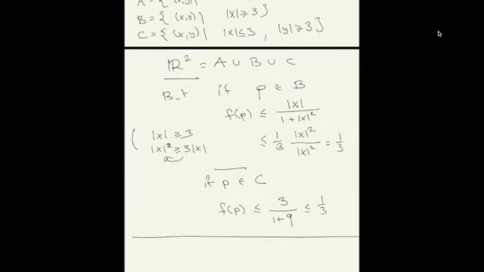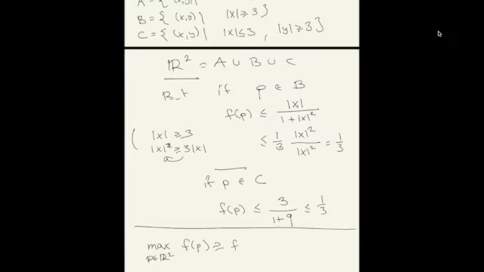So what we get is that in these two sets, B and C, the function is less than 1/3. But the maximum of f, or the supremum, one should write a supremum here, has to be bigger than or equal to f of (1, 0), which was equal to 1/2.